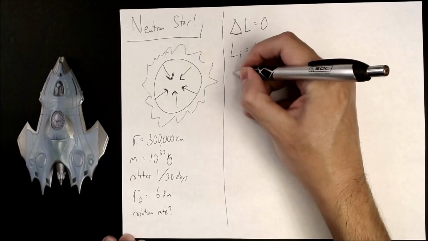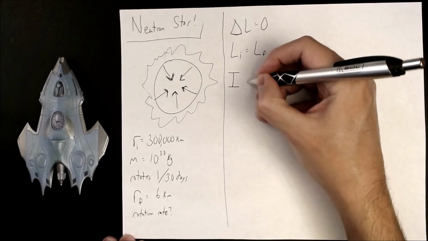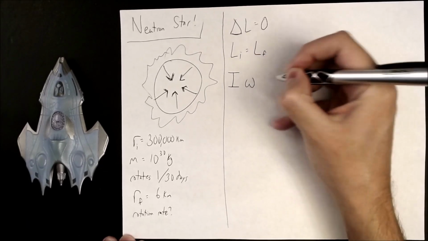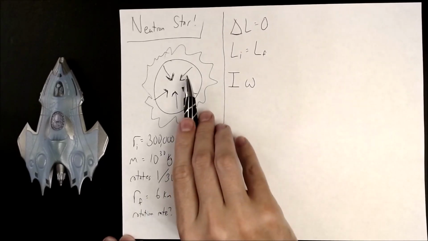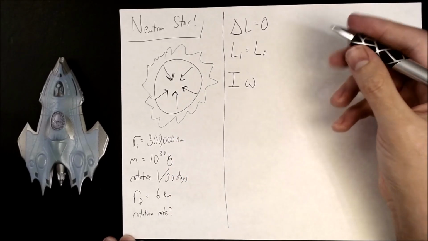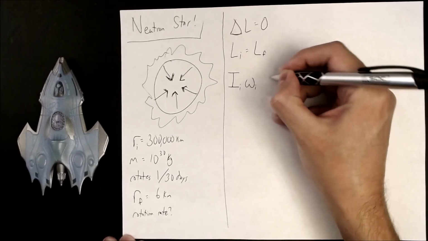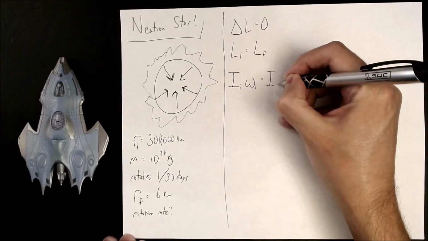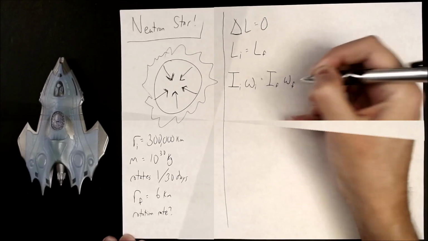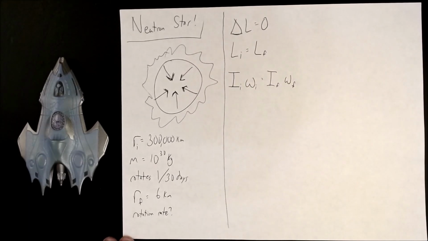L initial, well, as usual, it's going to be I omega. There's nothing like coming in to hit it from the side, so we don't have to deal with R cross P. So I omega, I initial, omega initial, is equal to I final, omega final. Well, what is the moment of inertia of a solid sphere?